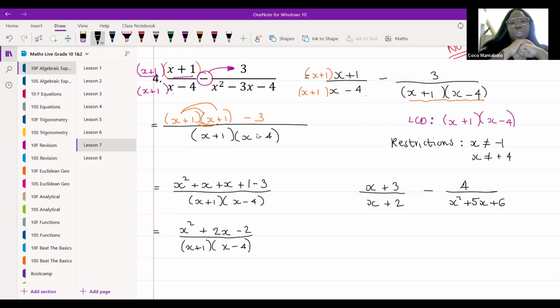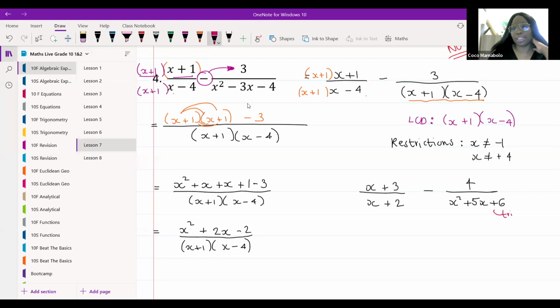What's the first thing we're going to do? Anybody got any ideas? Yes, my darling. Ma'am, first you have to factorize. Good. In the second sum at the bottom, that's a trinomial.